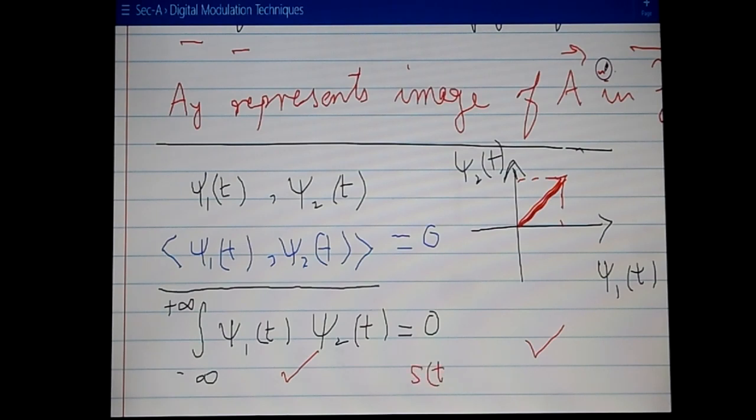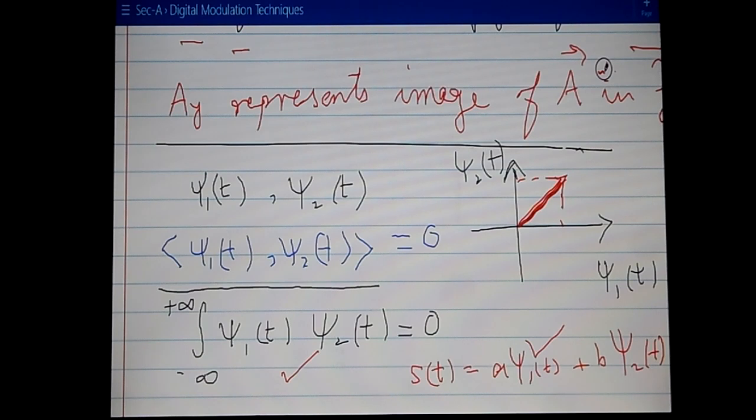This vector represents a signal s of t, which can be a times psi 1 of t plus b times psi 2 of t, and this a and b are the coefficients, right?